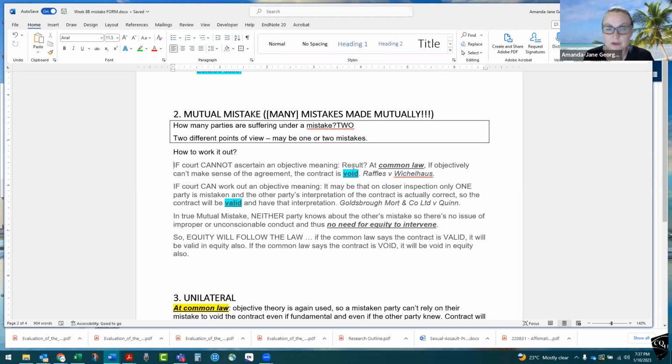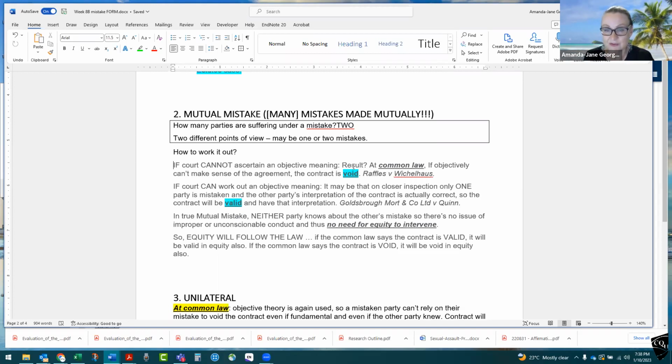So the goods were to be consigned onto the ship Peerless, departing from the port Bombay. But the problem was that there were two ships called the Peerless. One was to be leaving in, I think it was October, and the other one was to be leaving December. And there was no real way to work out from the face of the contract which ship was designated.